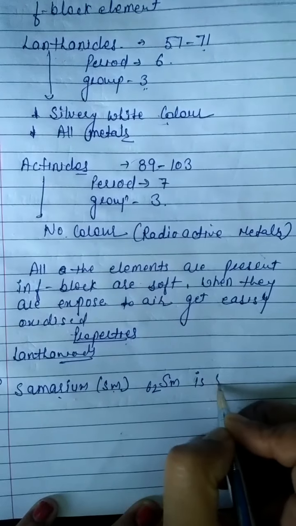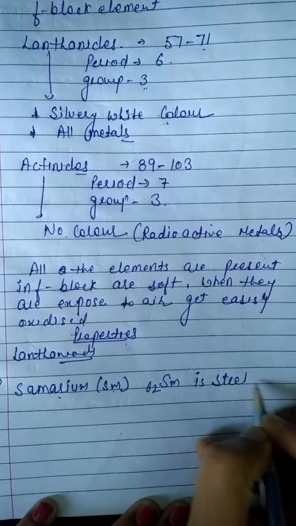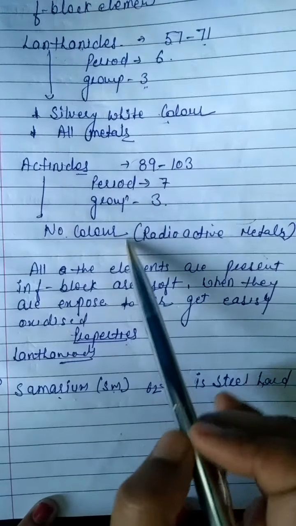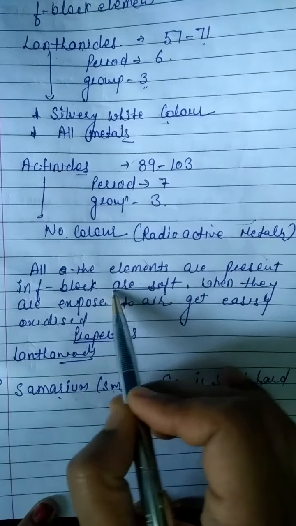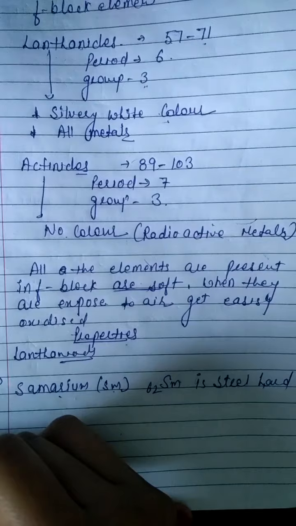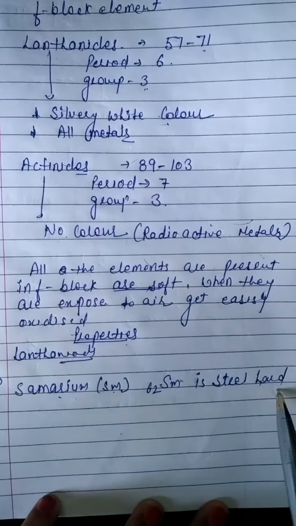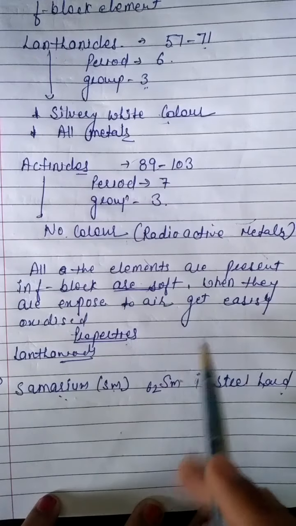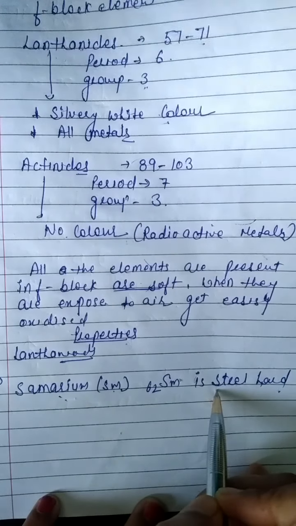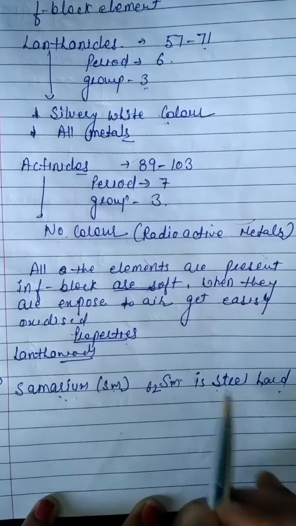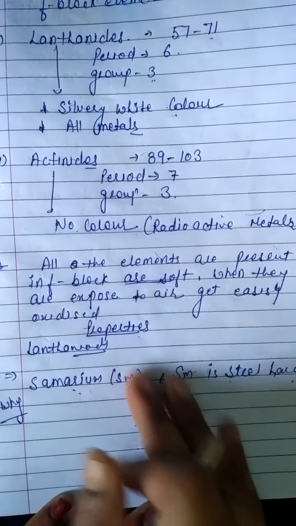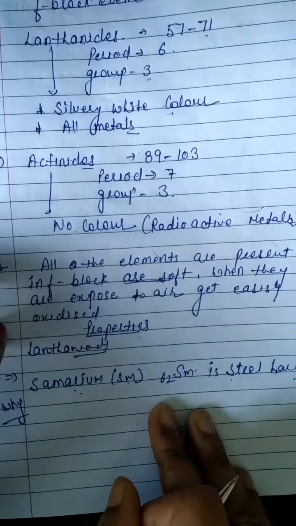It is steel hard. Firstly, we said that all the elements are soft in nature, but there is one exception. What is that? Only samarium is such a metal that is steel hard.